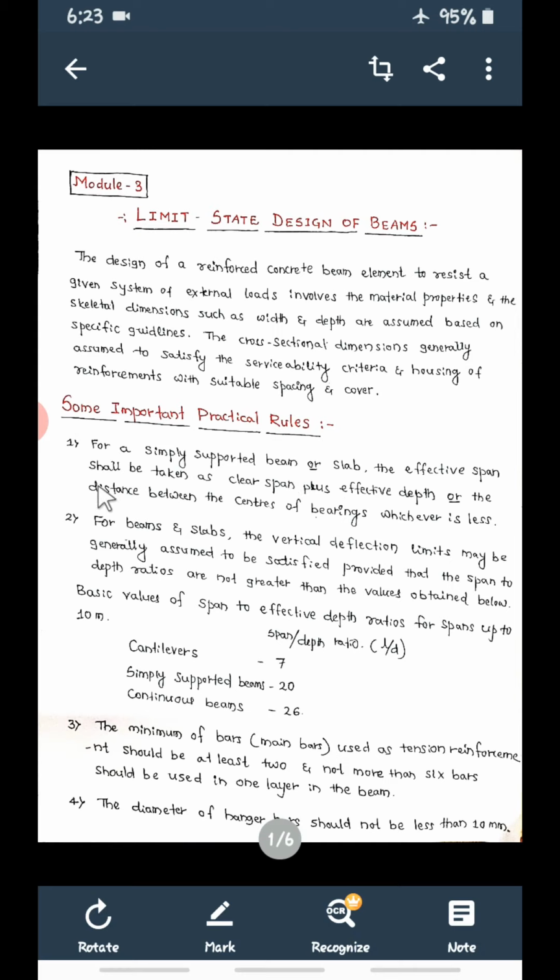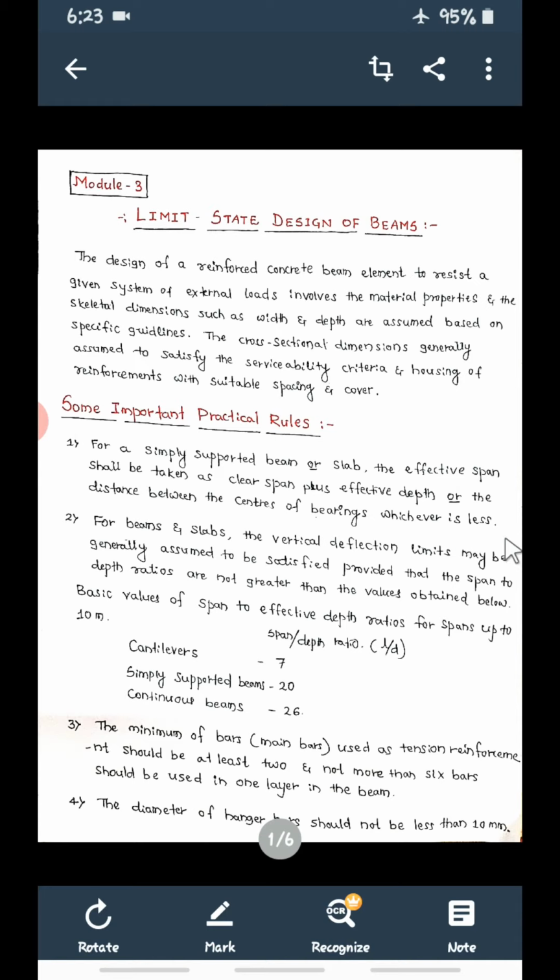One important factor you have to consider is the effective span. The effective span shall be taken as clear span plus effective depth, or the distance between the centers of bearings, whichever is less.